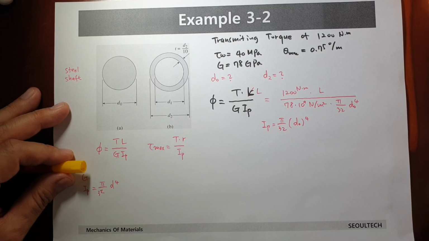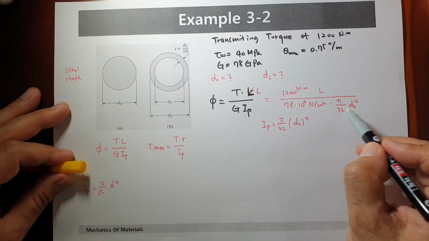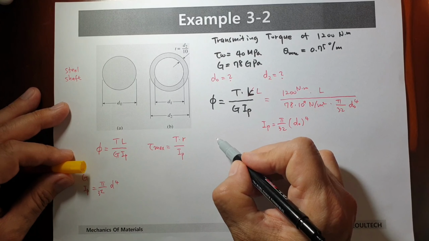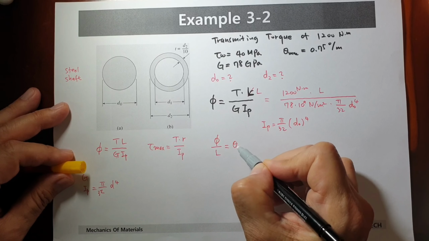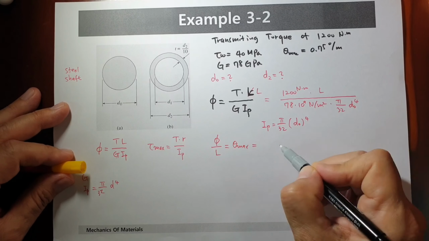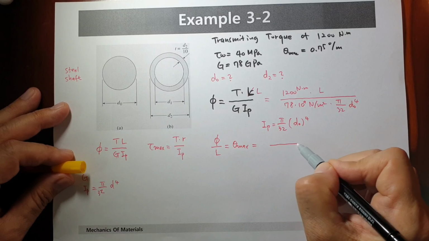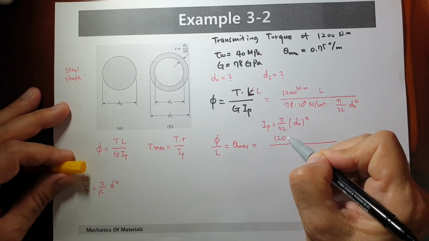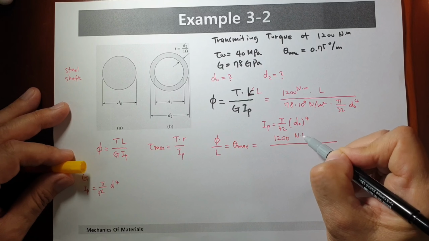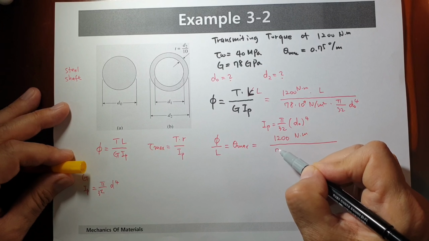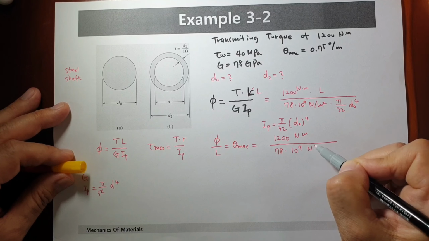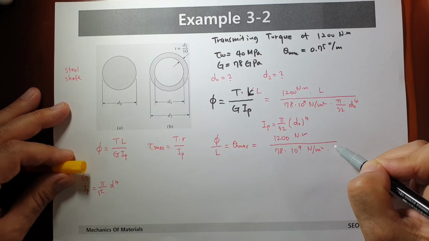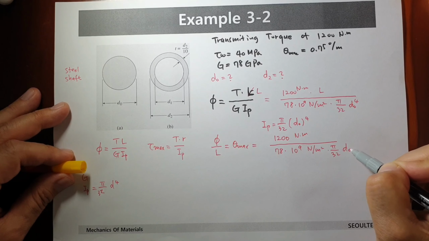Then when you see this formula, we can calculate phi over L. This one is theta max, given by, when I write it down again, 1200 Newton meter over 78 multiplied by 10 exponential 9 Newton per meter squared, and 5 over 32 D4.